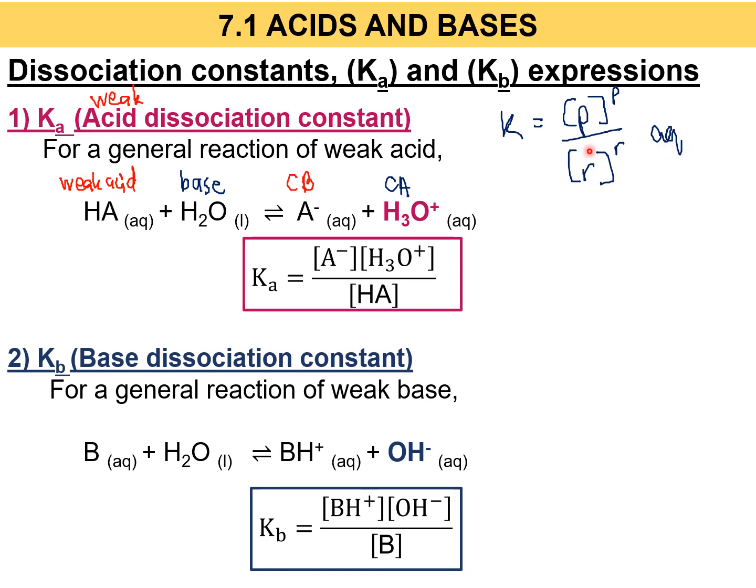Alright, so next, let's build the Ka. Ka is equal to the concentration of product. The products are the conjugate base A- and the conjugate acid H3O+, divided by the concentration of reactant. The reactant is only the weak acid HA, just because H2O is a pure liquid.